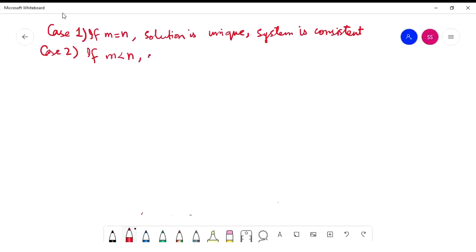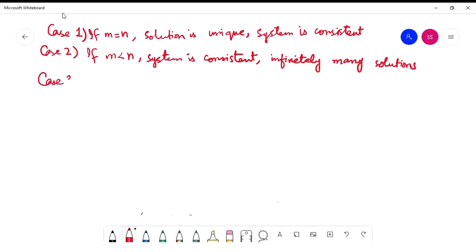The system is consistent, but you can write the basic variables in terms of the free variables, the extra variables. So your system is consistent, but you get infinitely many solutions. Okay, so this is all about the consistency of the system.